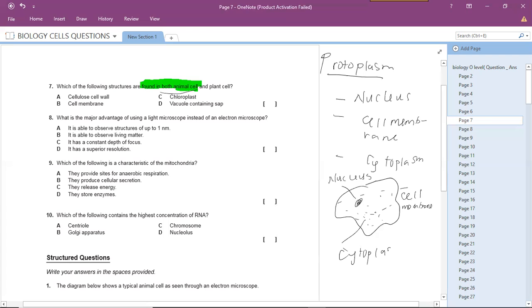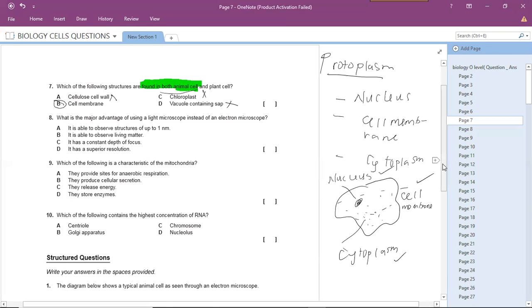So whether you are a plant cell, whether you are an animal cell, you're going to have a nucleus, a cell membrane, and cytoplasm. So cellulose, cell wall, no. False. Chloroplast, no. Vacuole, last time I told you plant cells and animal cells have vacuoles, so this is false. Our answer will be cell membrane. You have understood that? Yes. All right.